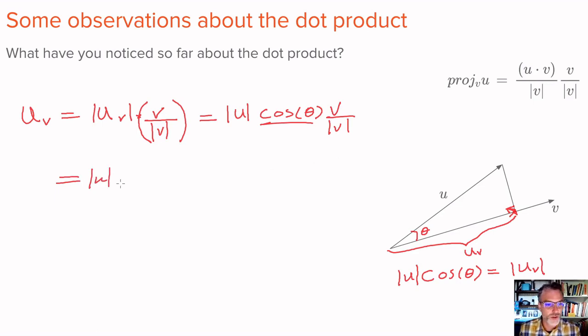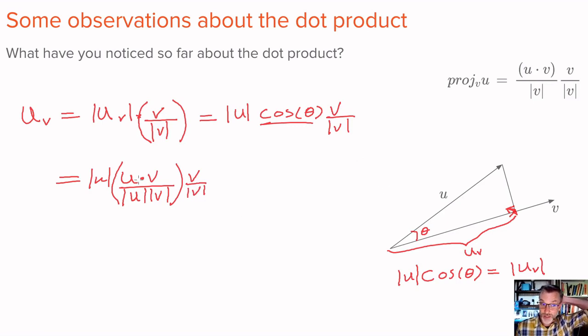That's just the dot product of u and v divided by the length of u divided by the length of v. Okay, like this, times this vector, the unit vector in the direction v.